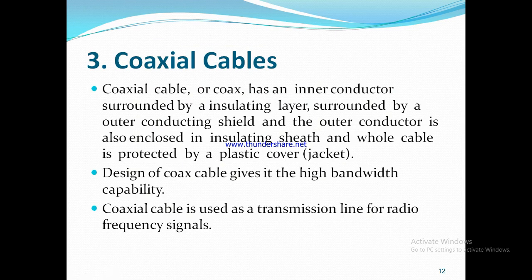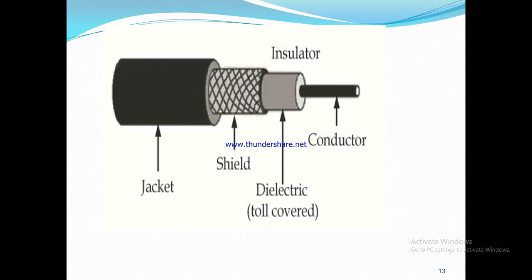Next one is a coaxial cable. The coaxial cable, or coax, has an inner conductor that is surrounded by an insulating layer that is surrounded by an outer conducting shield, and the outer conductor is also enclosed in an insulating shield, and the whole cable is protected by a plastic cover, that is a jacket.